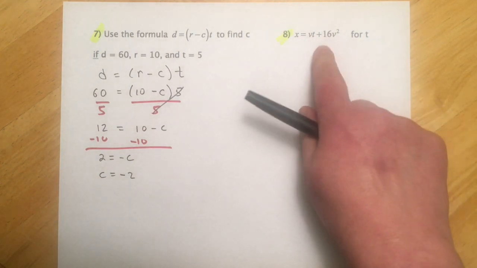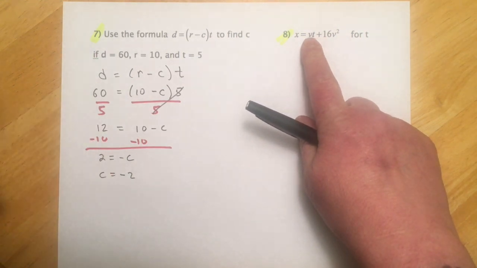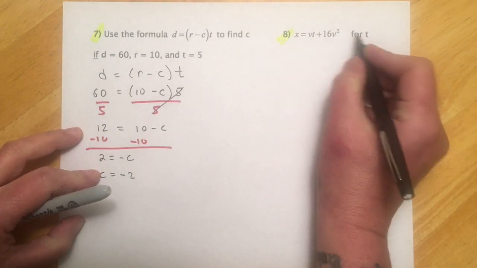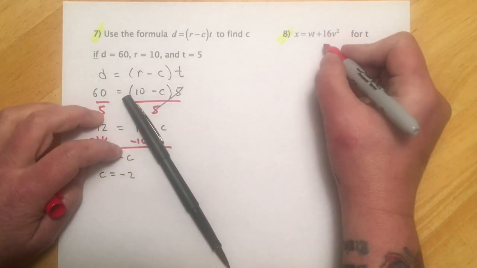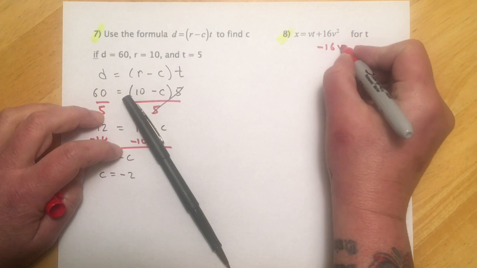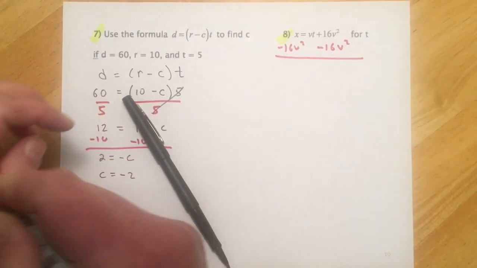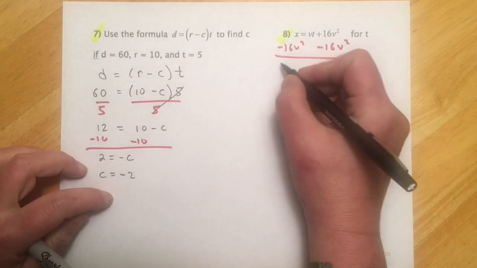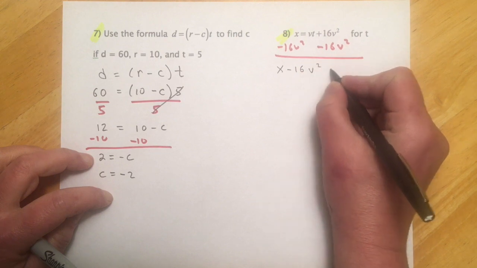This one, again, it looks kind of tough, but it's actually not at all. It's the same problem I just did a few times. So we're trying to get t by itself. That's right here. So this 16v squared is adding, so we just want to subtract it. So then that gets me to x minus 16v squared.